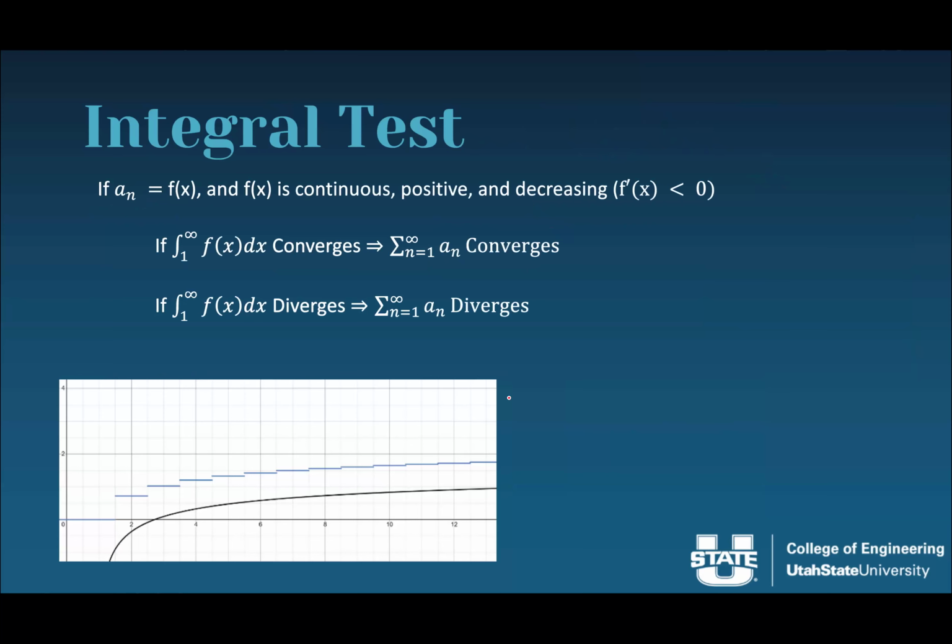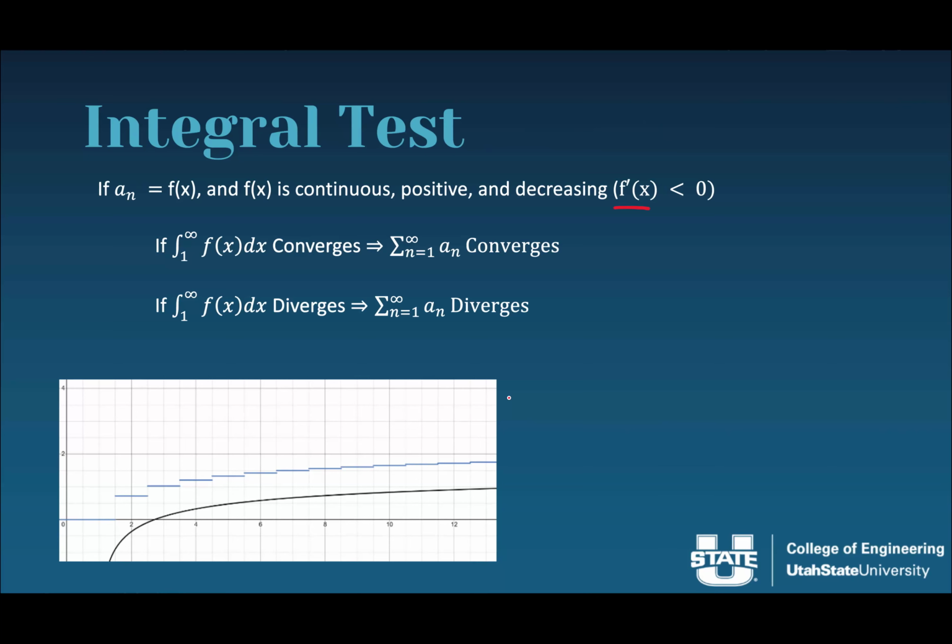The next kind of easy one, we're going to talk about the integral test. We have 3 main conditions for the integral test. If a sub n is equal to, or approximately, a function, and the function is continuous over where we are summing up all the values, and it's positive, and it's decreasing, which we can test by finding the derivative of our function and seeing if it's less than 0, right?